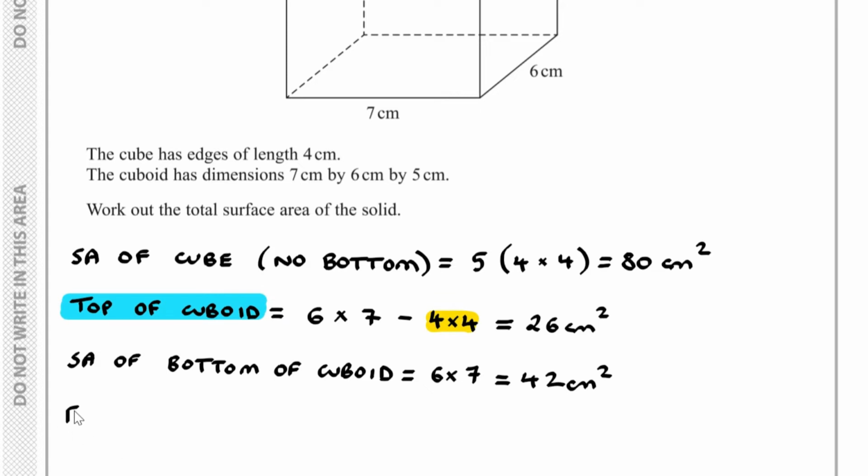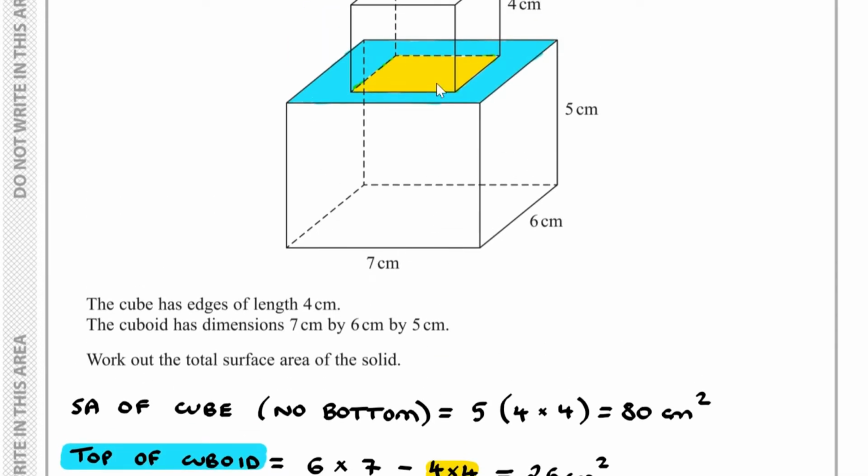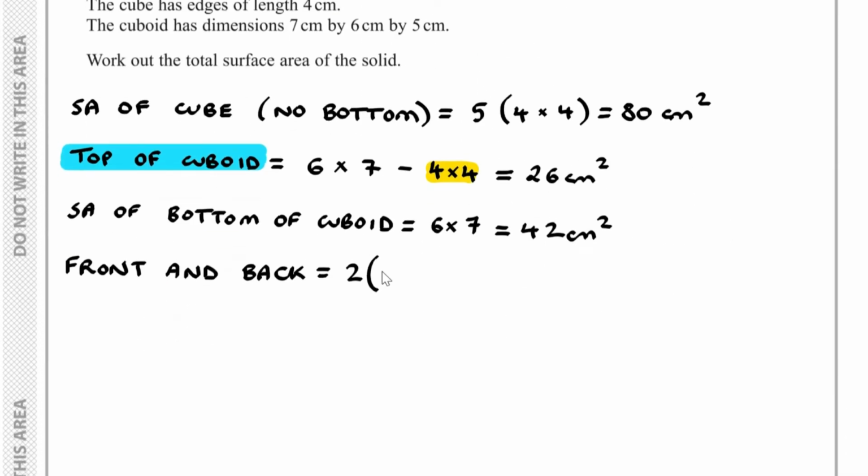So the front and back, that's equal to, well, I've got 2 multiplied by, because I've got the front and back, 7 times by 5. So I've got 35 times by 2, which is 70 centimeters squared.